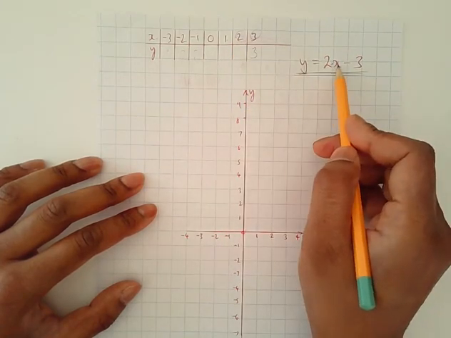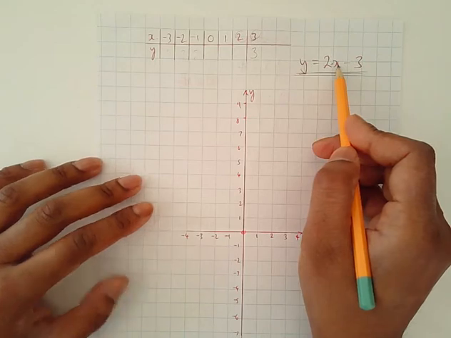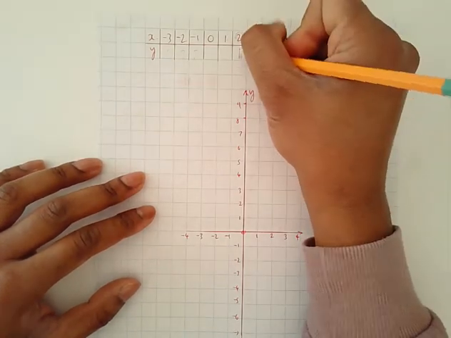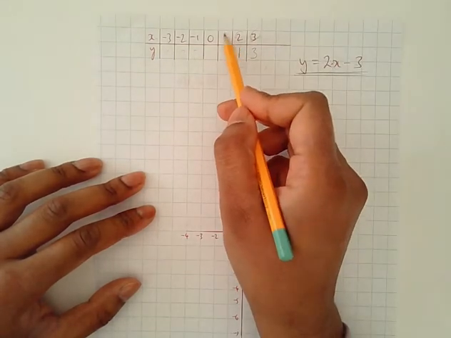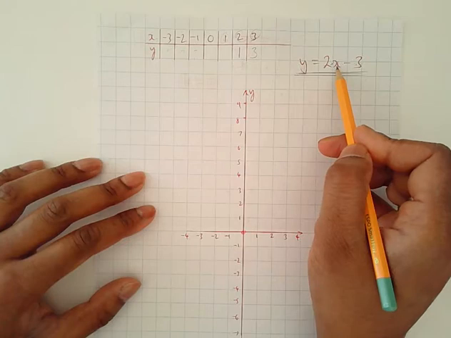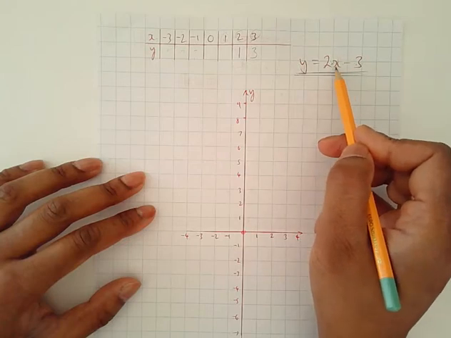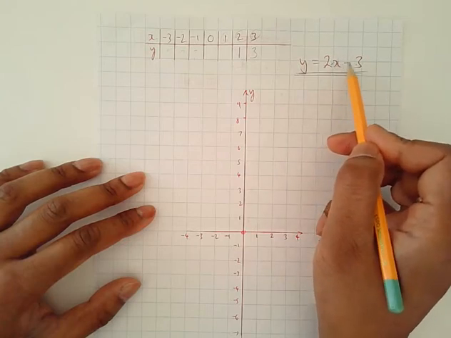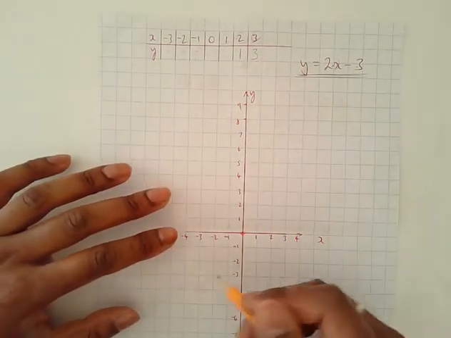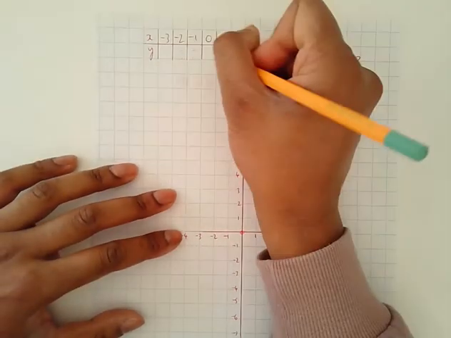So you'll have 2 times 2, which is 4. 4 take away 3, 1. Next, substitute the 1 into the x. 2 times 1 is 2. 2 take away 3. Check the number line. 2 take away 3 is minus 1.